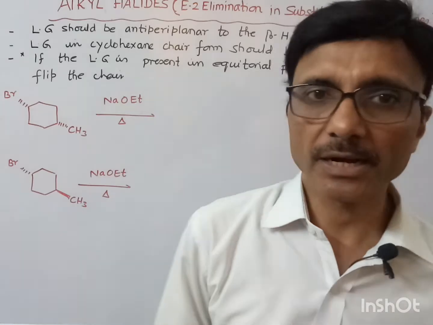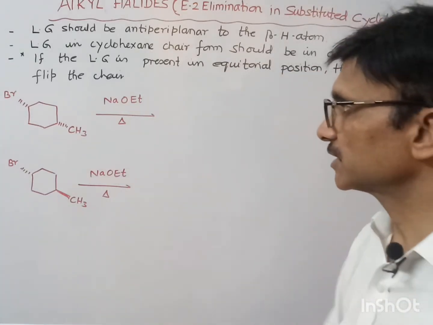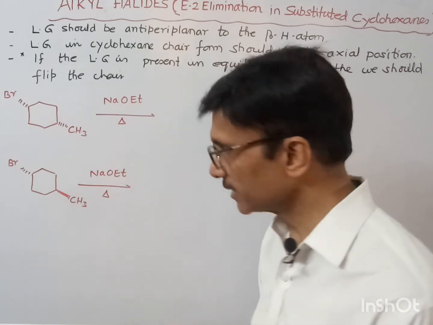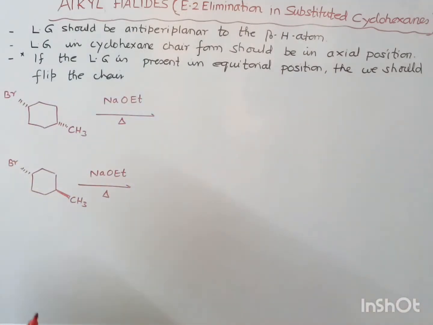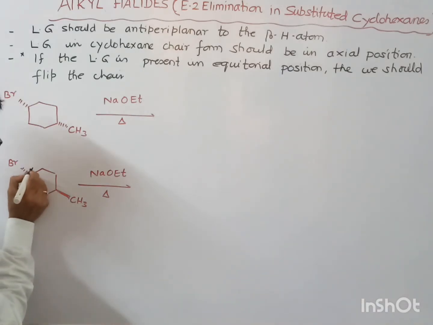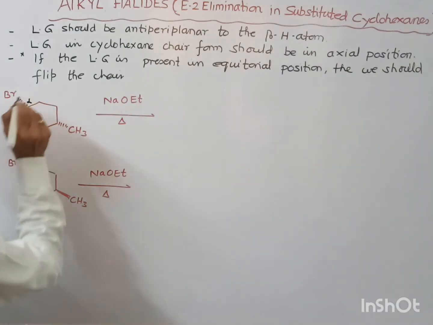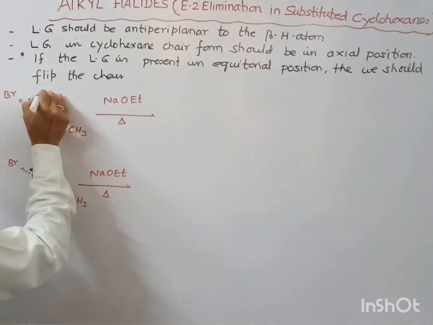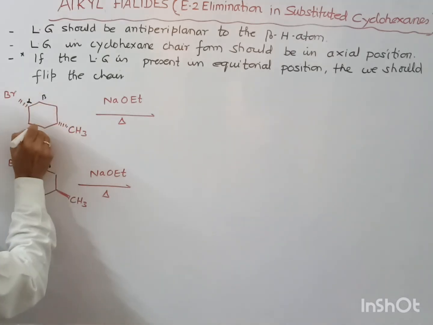These are the two examples. In this example, the elimination can occur. If this is our alpha carbon, then this is our beta carbon, this is beta, and this is beta.